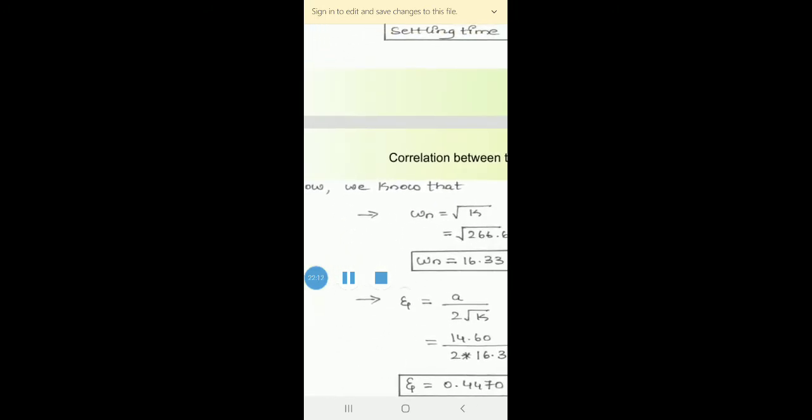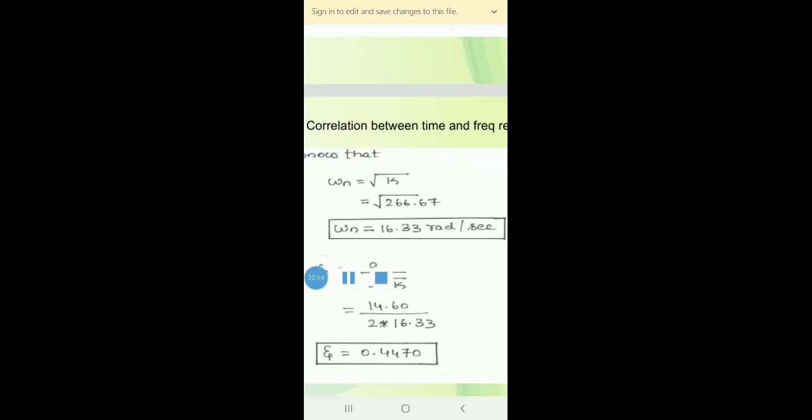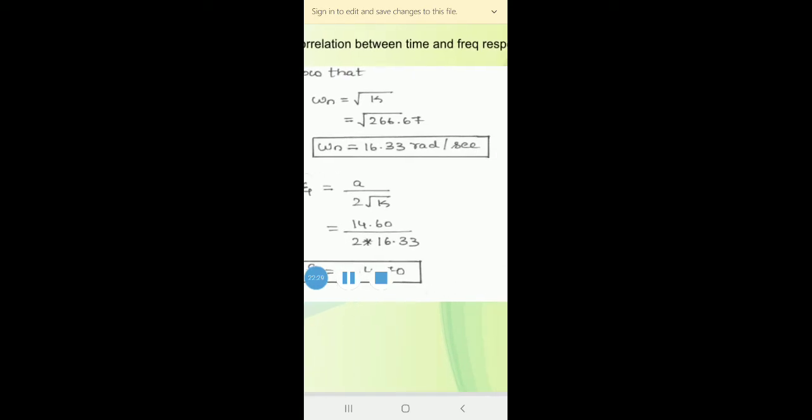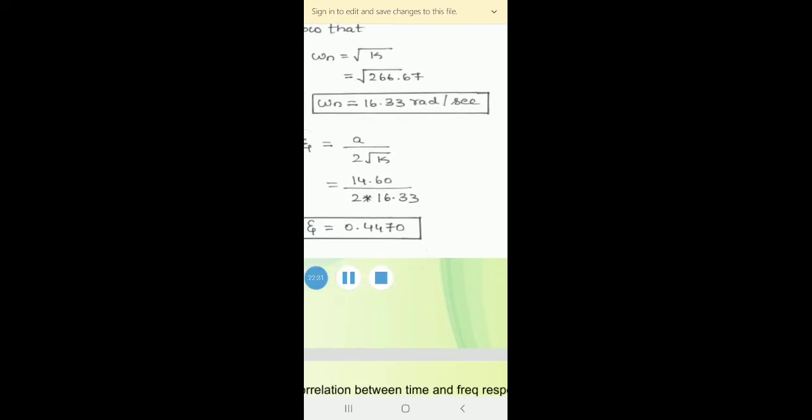Now we know that omega n is root k. So omega n is root of k. Substituting k as 266.67, omega n is 16.33 radians per second. Damping ratio is a divided by 2 root k, which is 14.6 by 2 into 16.33.